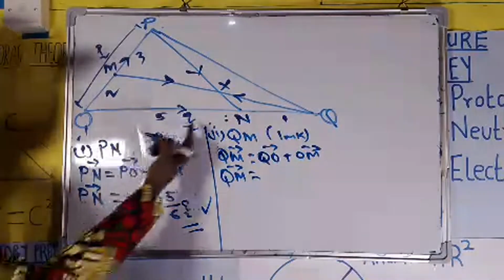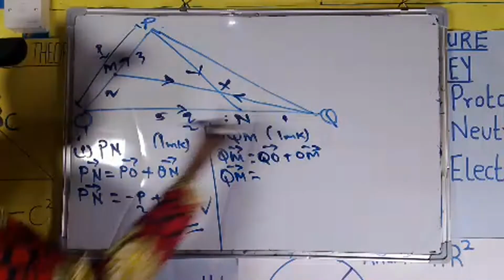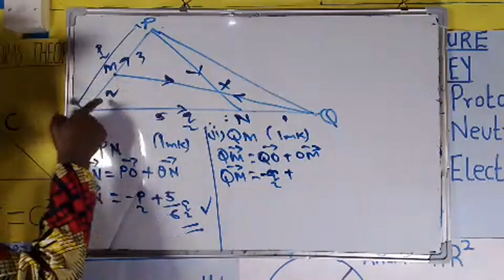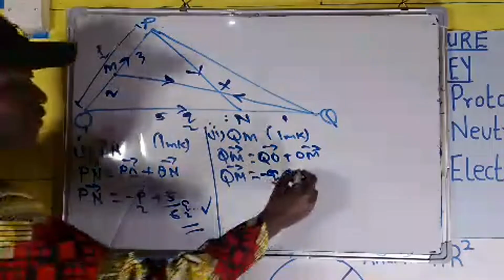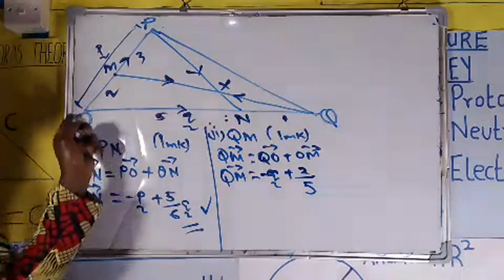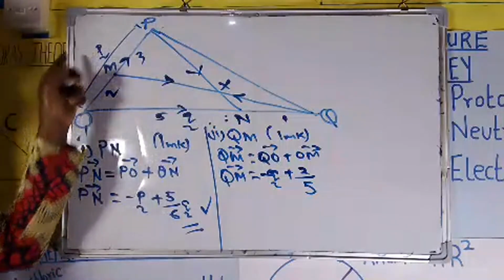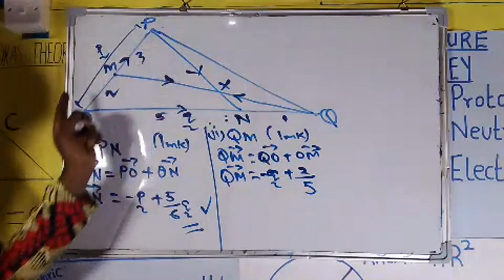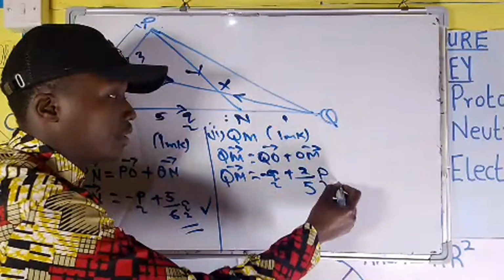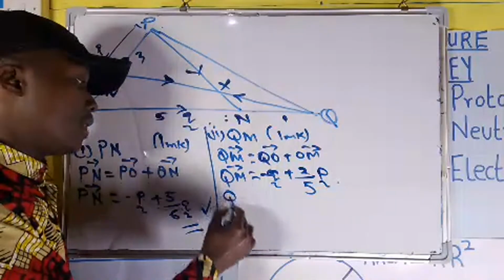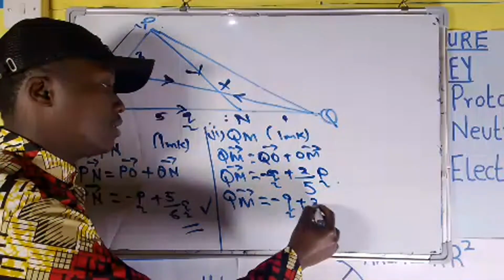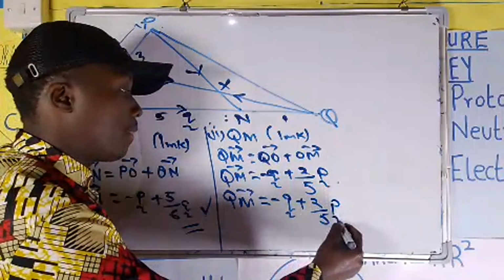What is our QO? If OQ is Q, then QO is negative Q, plus OM, which is 2 out of the whole of it, 5, of OP, and our OP is P. So that is done. Our QM will be equal to minus Q plus 2 over 5 P.